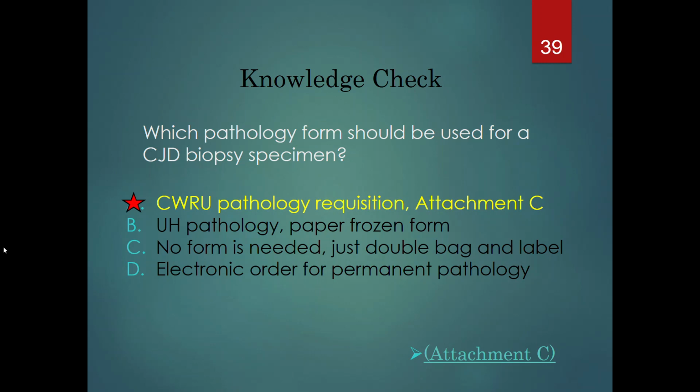Good job. A is the correct answer. The Case Western National Prion Disease Pathology Surveillance Center form is attachment C.